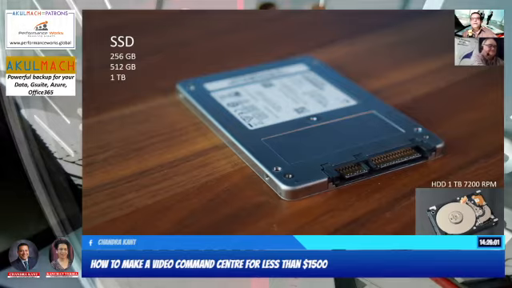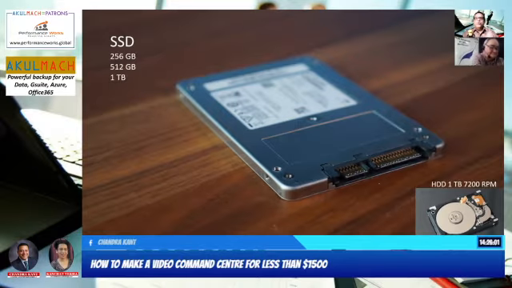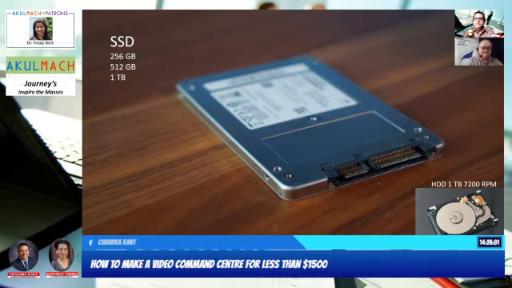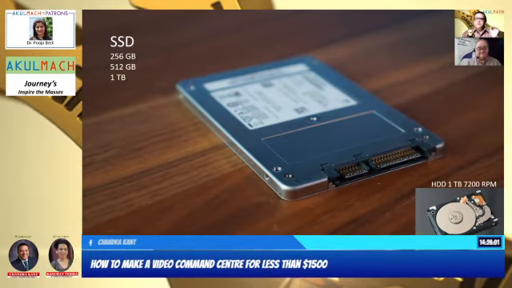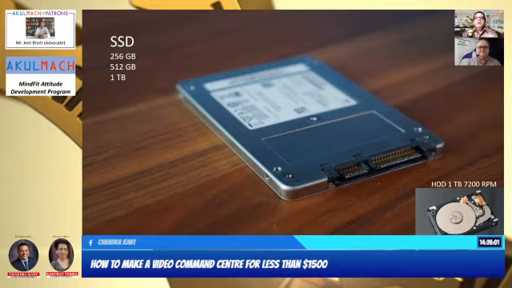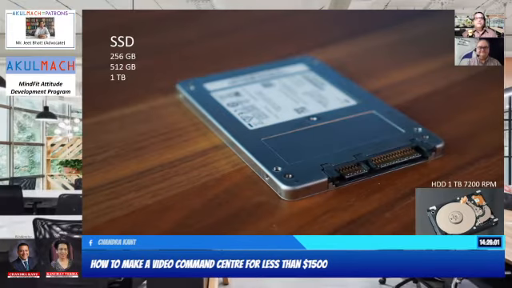For storage, you need a hard disk. So I recommend go with two drives, one SSD, go with 256 GB. I think that should be sufficient, less than $50, and go with a 1 TB old style hard drive. It will be less than $12. So I think that is going to be sufficient. I think that's the way to go.